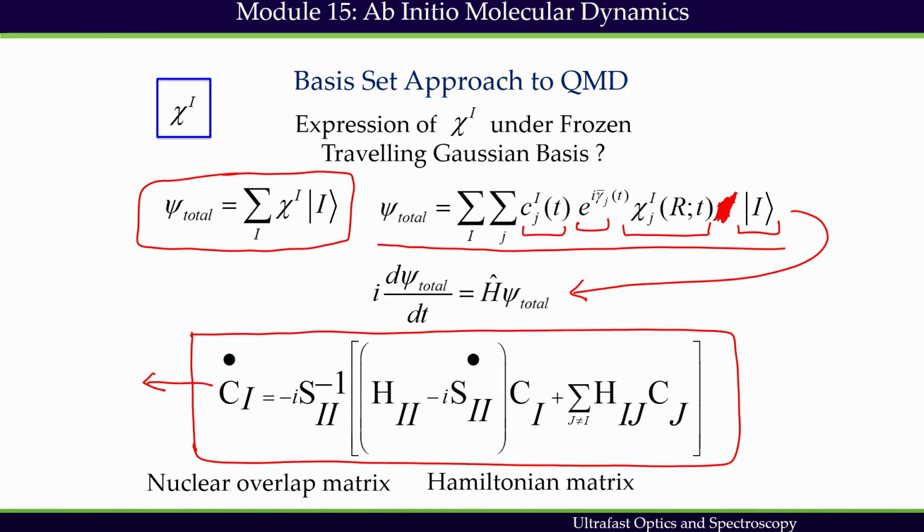And this also gives us the population. It is actually related to the population at the ith state. So, depending on the value of C dot, I will be able to get the population at the ith electronic state.